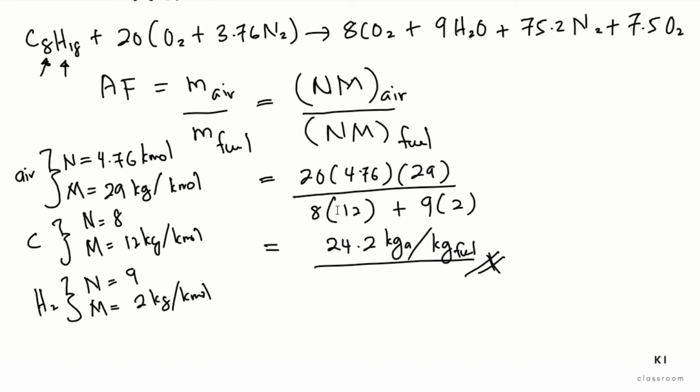Next, we use hydrogen, not H but H2, so the N now is actually 9. 9 multiplied by 2 becomes 18, because we want to use the molar mass of H2, 2 kg per kilomole. So from there, we determine the actual value of air to fuel ratio is 24.2 kg dry air per kilogram fuel. Okay, so that's all.